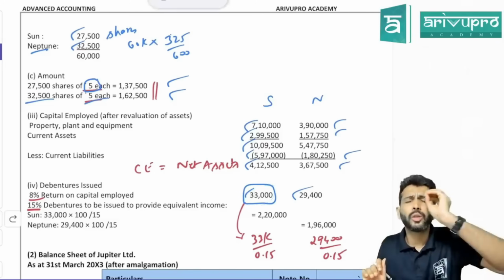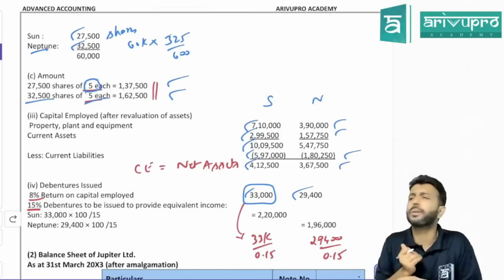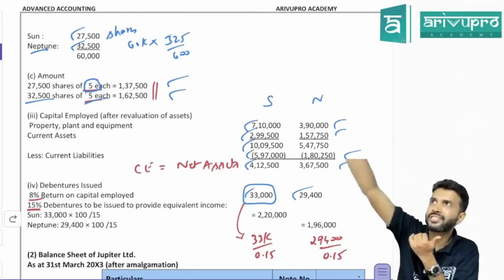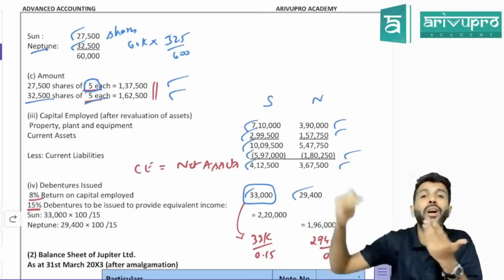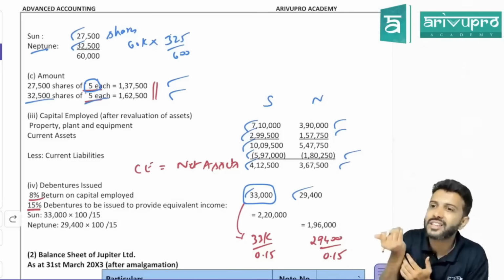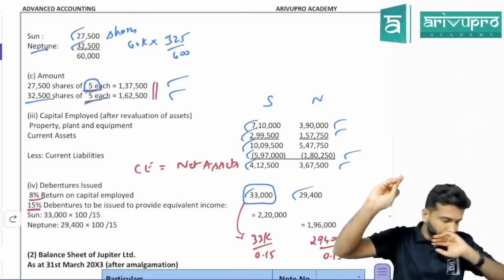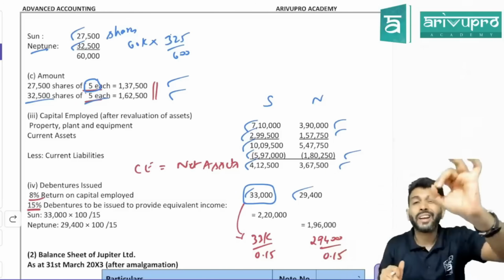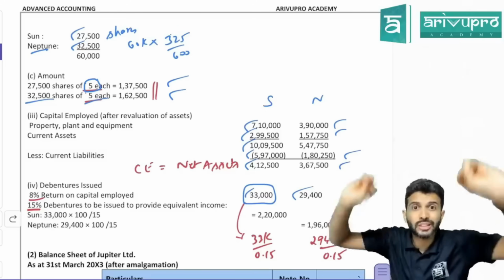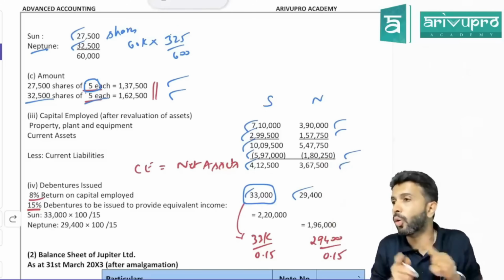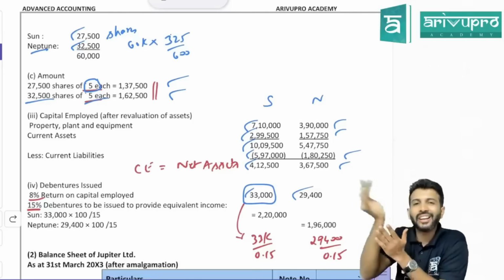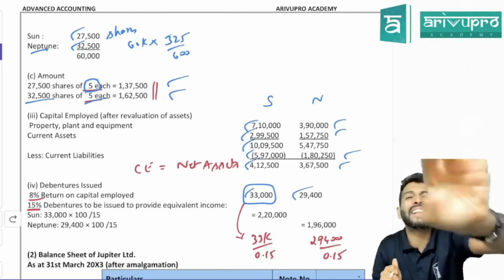Now think, what is the return for the debenture holders? If you invest in some other company's debentures, what is the return for you? Interest. So what they are indirectly telling is, issue that many debentures where interest on the new debentures will be equal to 33,000, because the return for the debenture holder is nothing but interest.